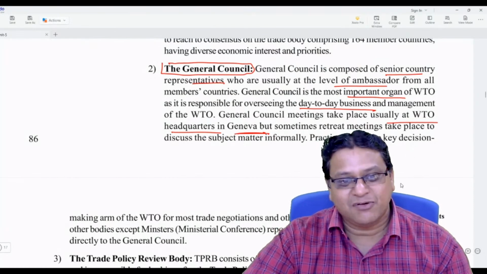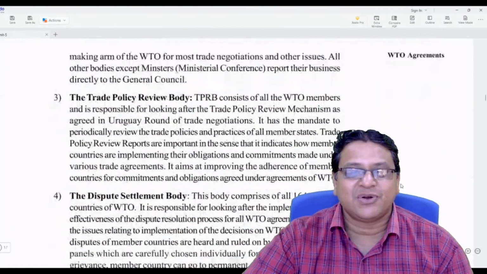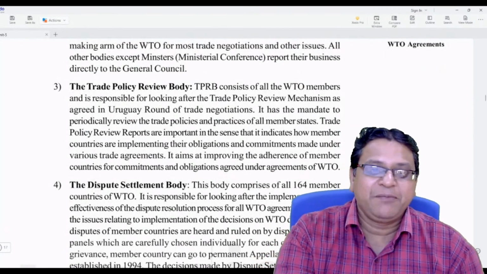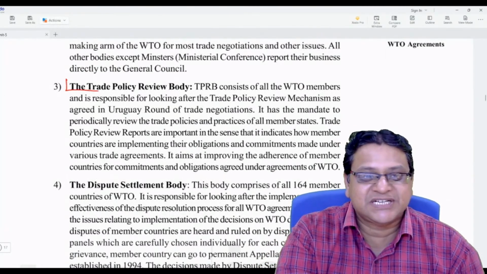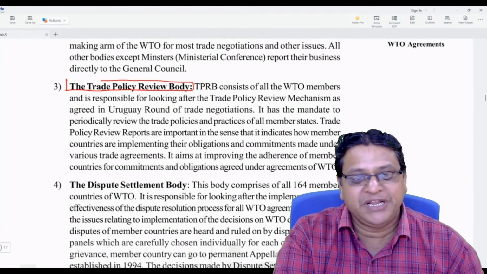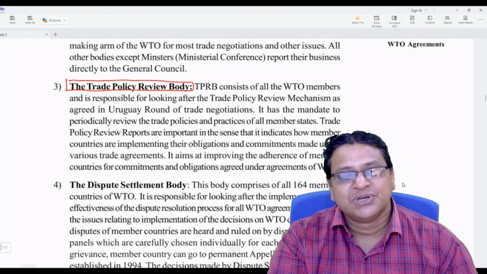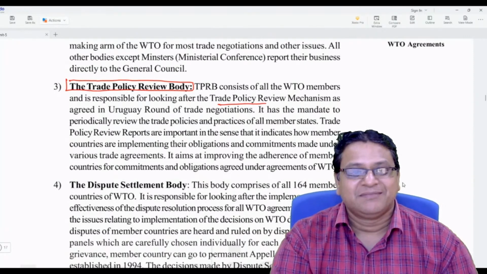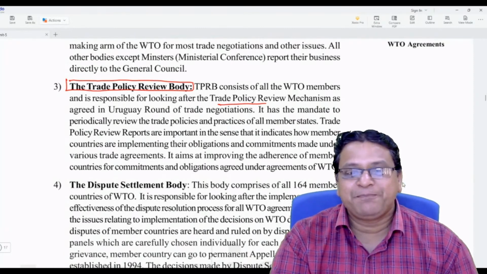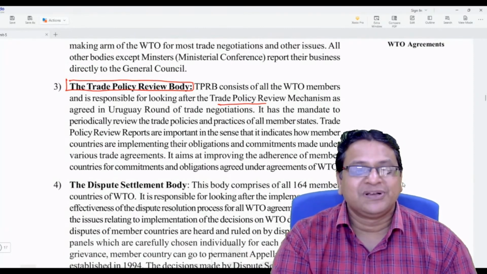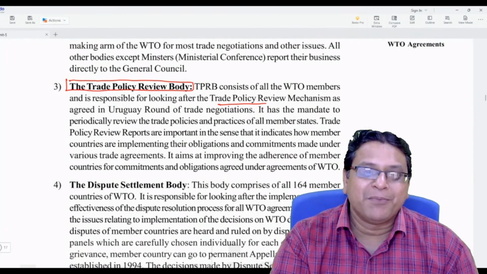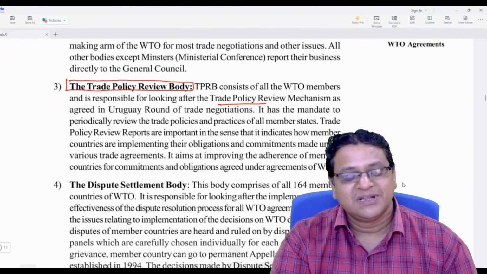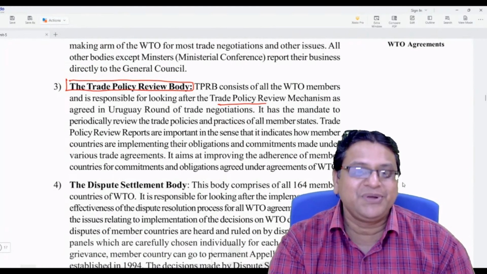Beyond the ministerial conference and General Council, there are certain other bodies which constitute WTO. One is the Trade Policy Review Body. What is the Trade Policy Review Body? This body periodically reviews the trade policy of different member countries, whether the member countries are adhering to the rules and regulations framed by WTO or not.